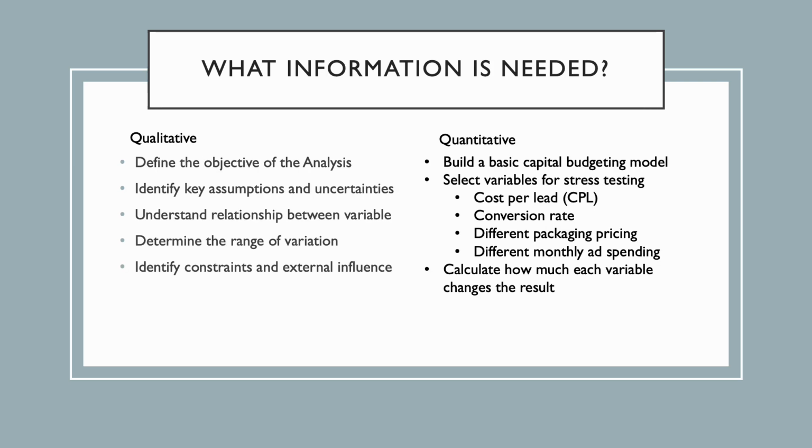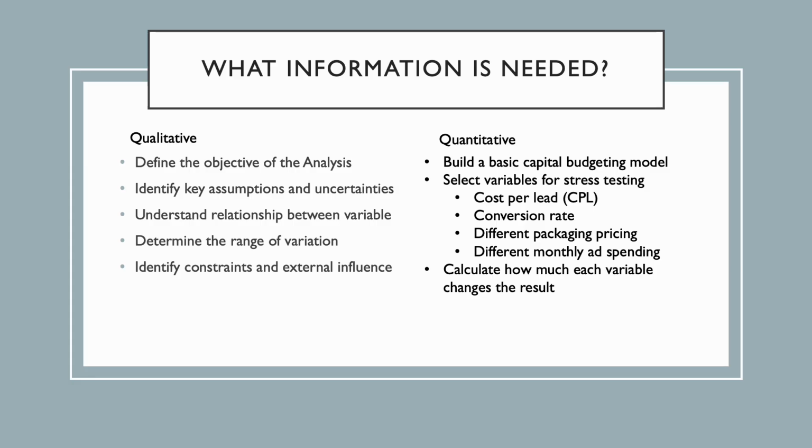Before we can begin building a sensitivity analysis, we first need to identify both the qualitative and quantitative information needed. Qualitative steps focus on understanding the context by identifying assumptions, relationships, and ranges. The quantitative steps perform the calculations. The objective for this analysis is focusing on expanding our advertising campaign for Lovingly Guided.